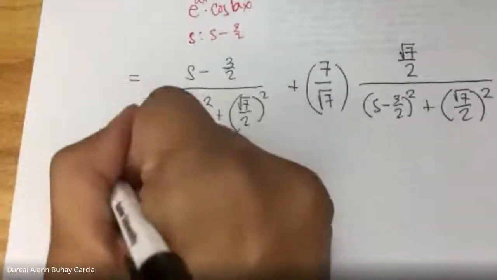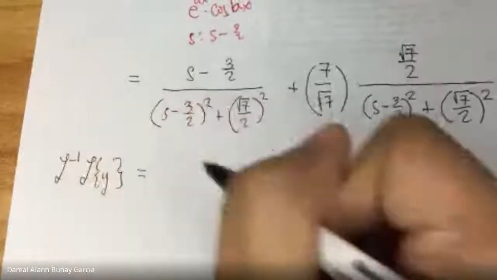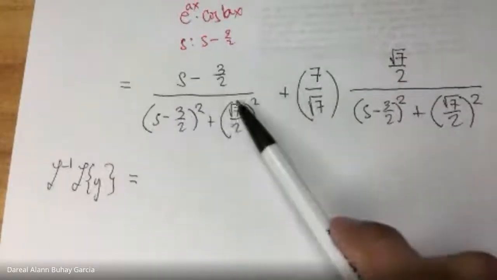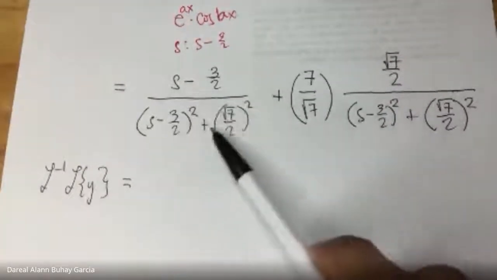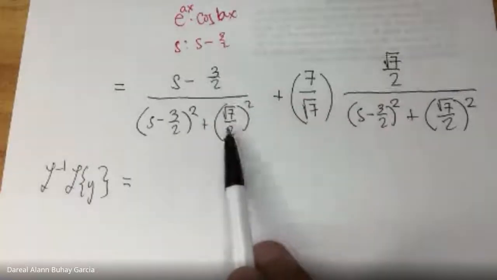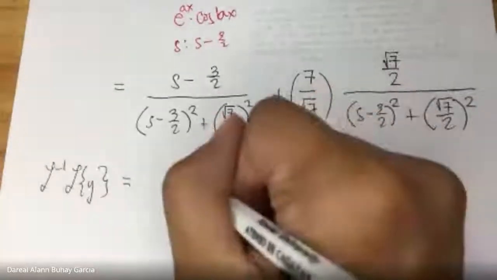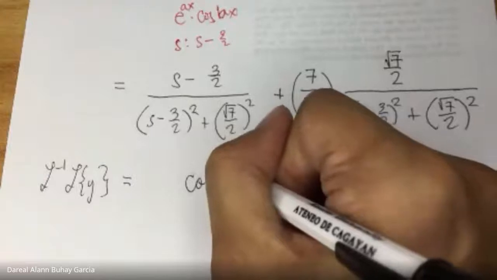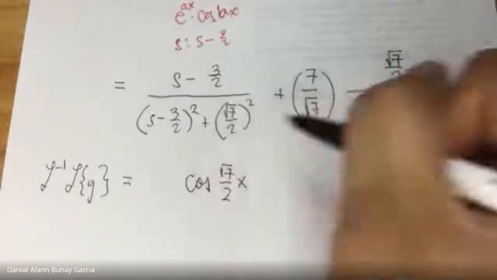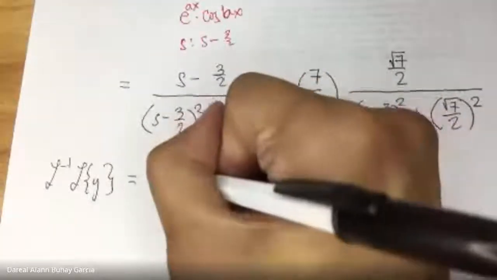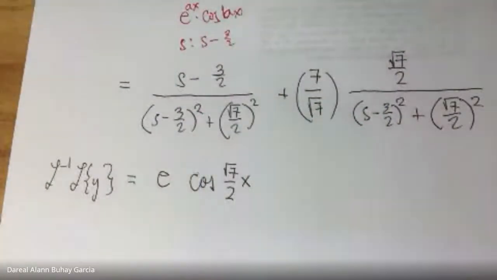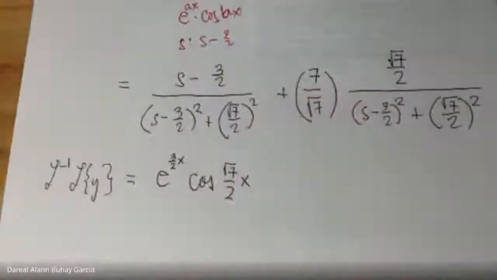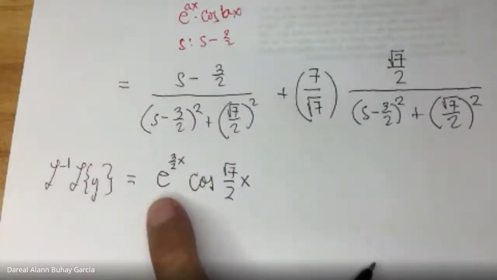So, the inverse Laplace of the Laplace of y is equal to, kung say Laplace ani, cosine, no? What is A? Square root of 7 over 2. So, this is cosine square root of 7 over 2 x times e to the power of 3 halves x, by virtue of the first shifting property.